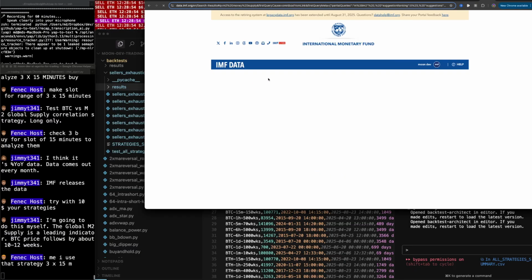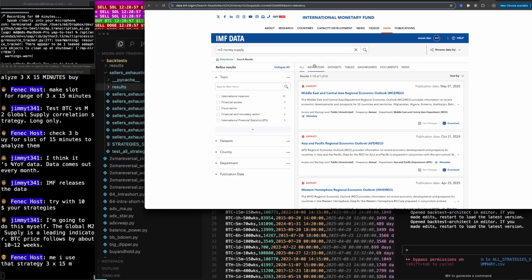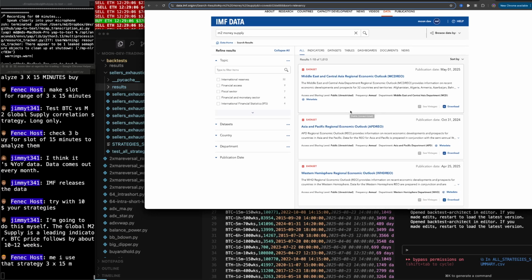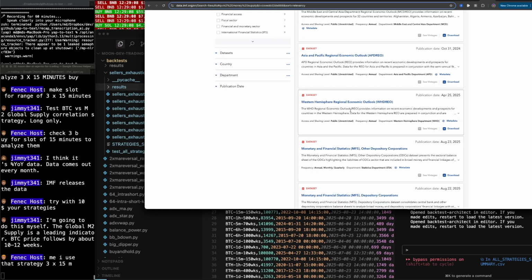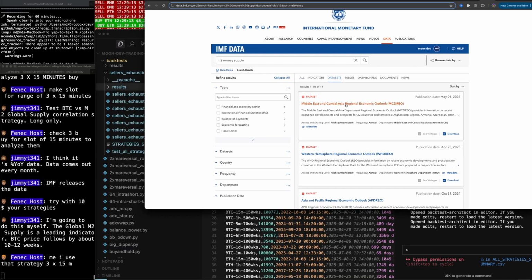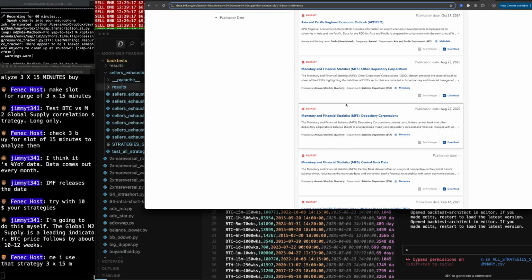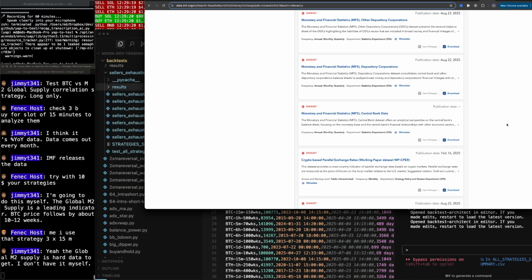M2 money supply. Yeah, the global M2 supply is hard data to get.